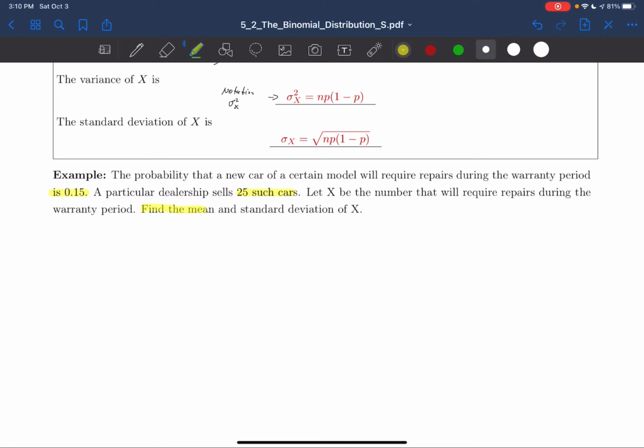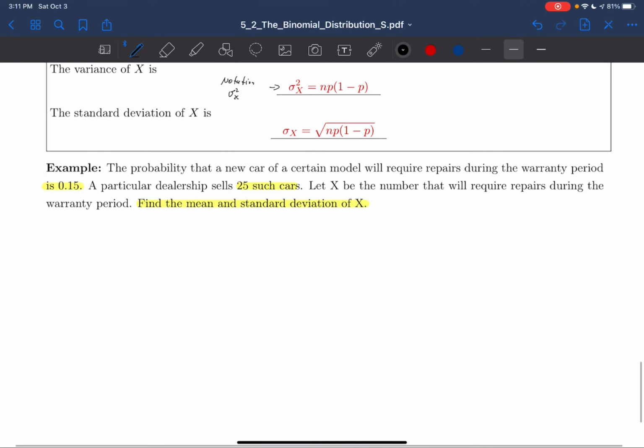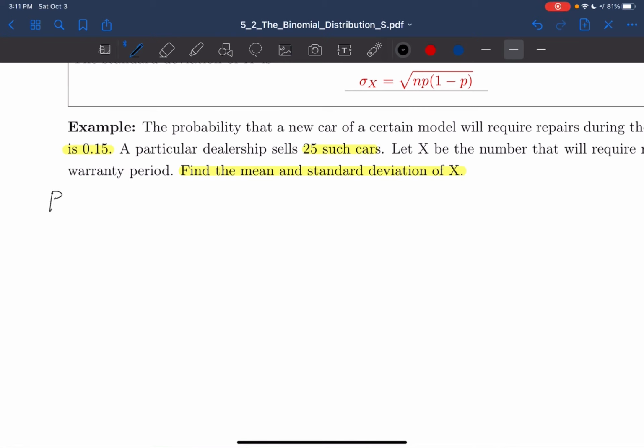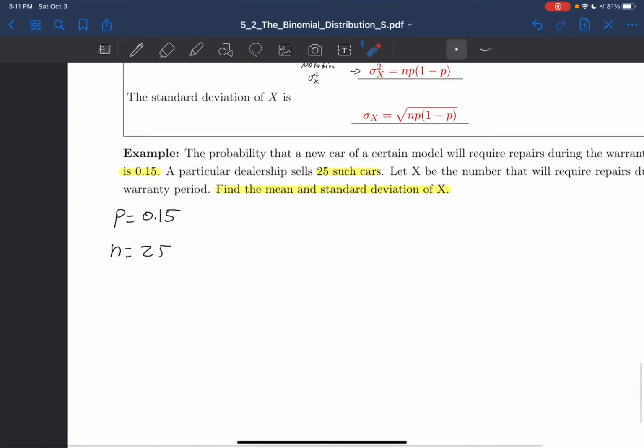We want to find the mean and the standard deviation of X. So here, we want to identify what is our p and what is our n. So here, p, our probability of success, is just 0.15. And n, the number of trials, is 25 because there's 25 such cars.